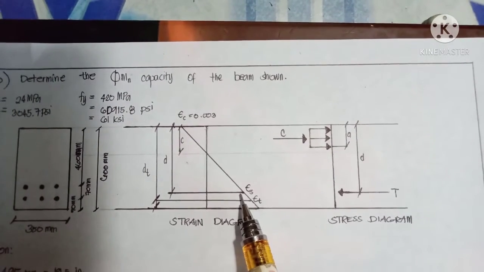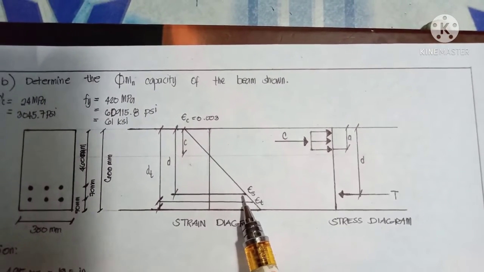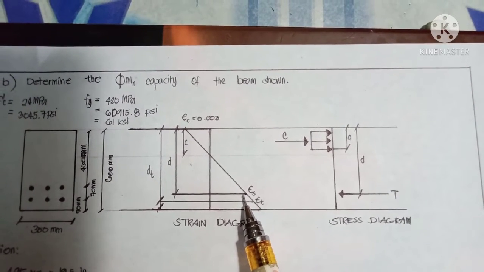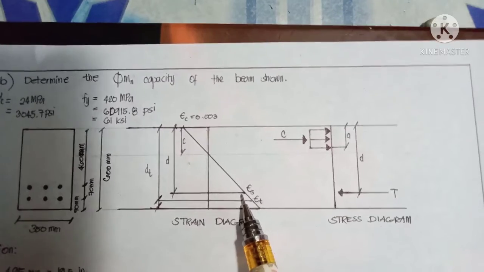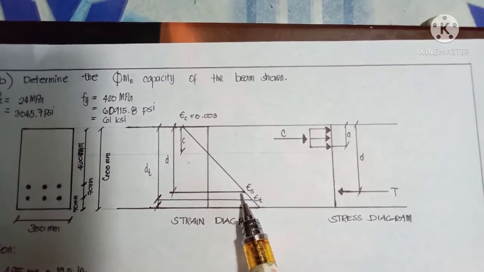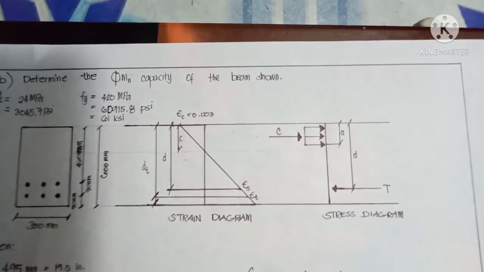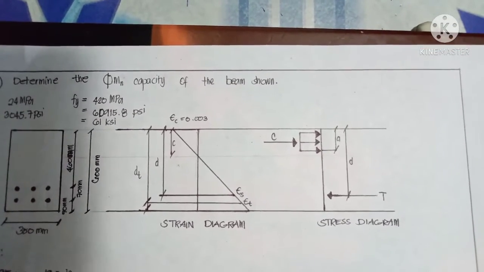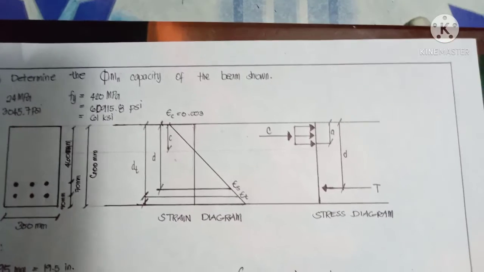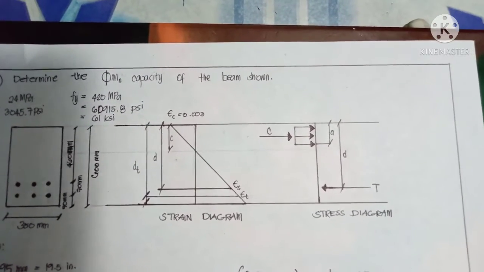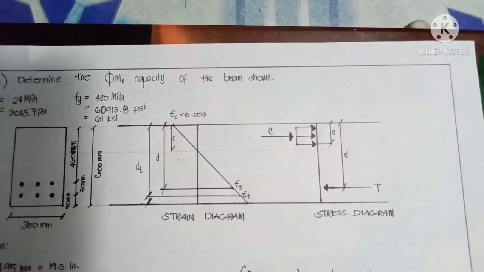The second strain is the epsilon s, which is the strain in the steel at the center of this group of steel at the bottom of the beam. The reason why I distinguish these two strains is because epsilon t is used to determine the section as tension controlled.